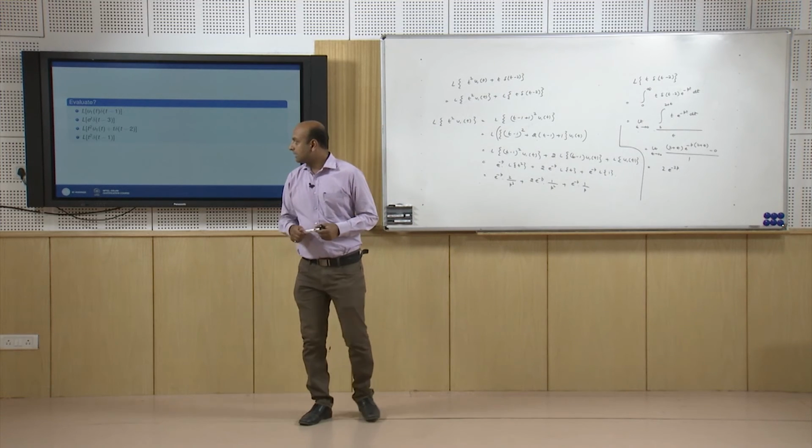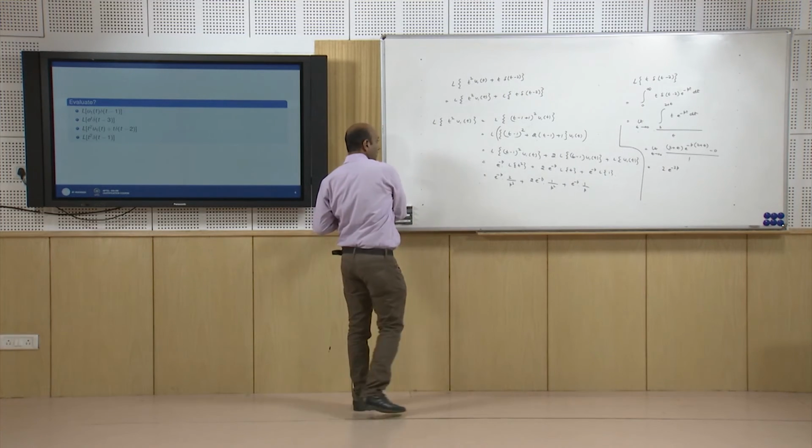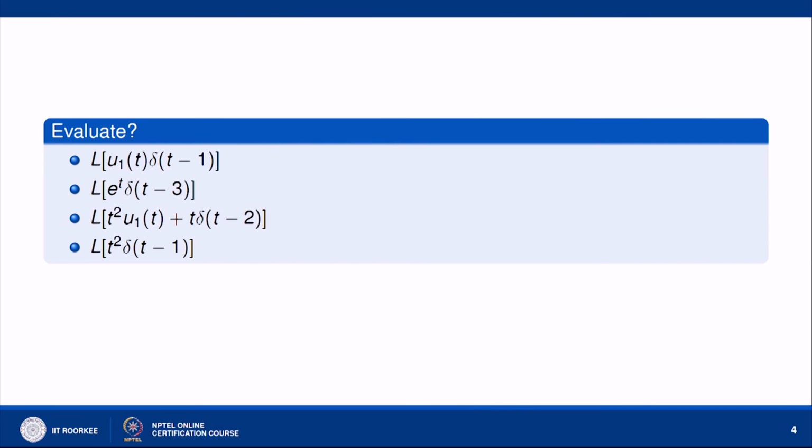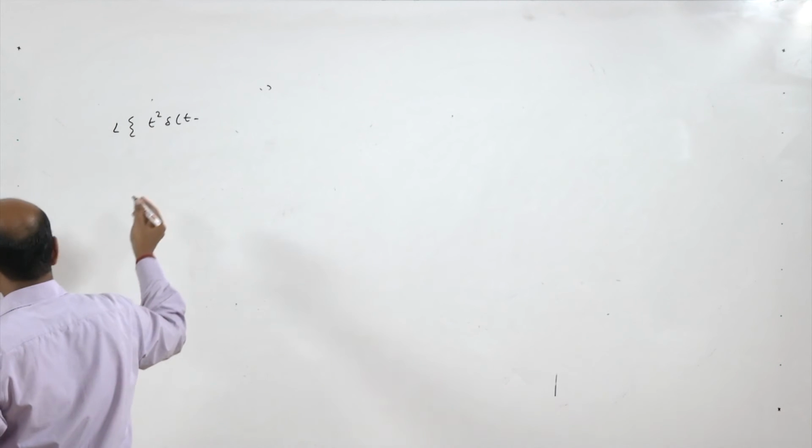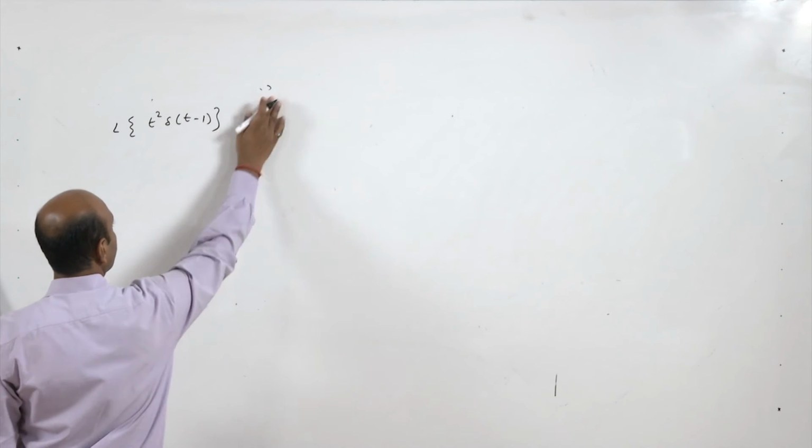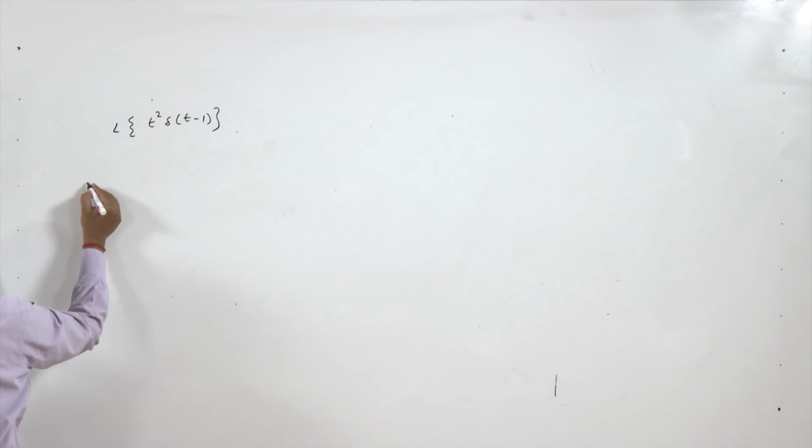Now, the last problem of this slide, Laplace transform of t square into Dirac delta at t equal to 1. So, this problem also can be solved easily.